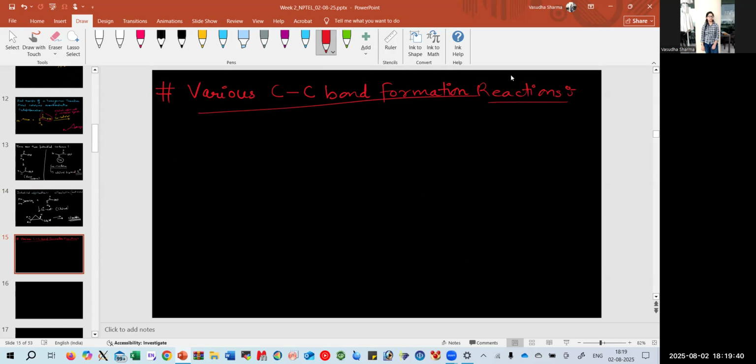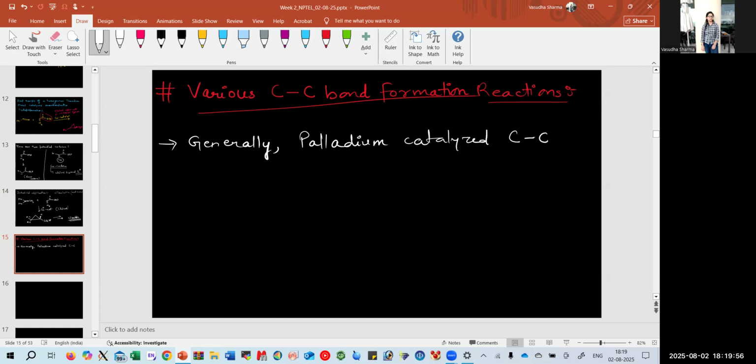So these are generally, on a larger scale, palladium catalyzed carbon-carbon coupling reactions.